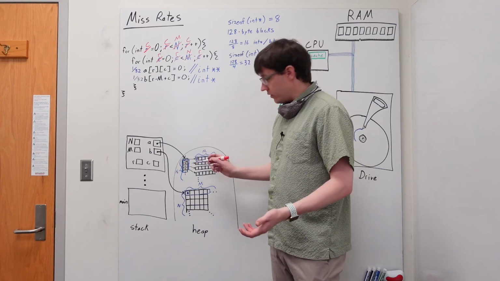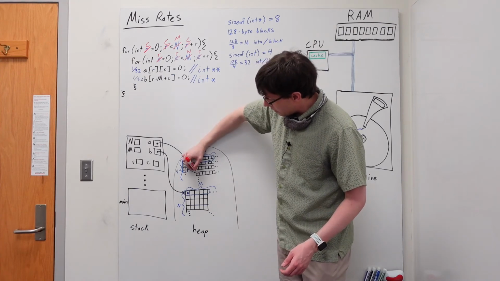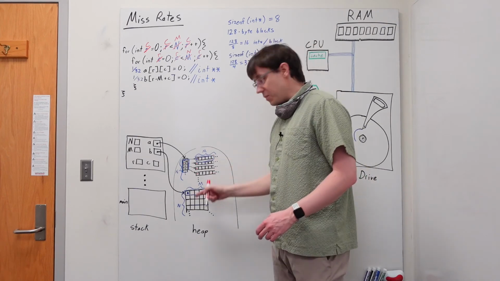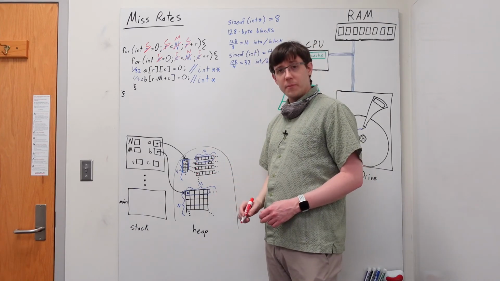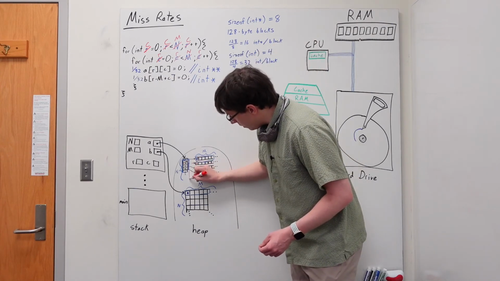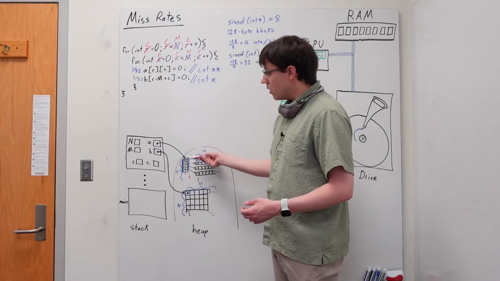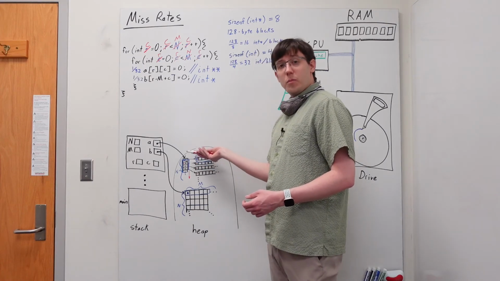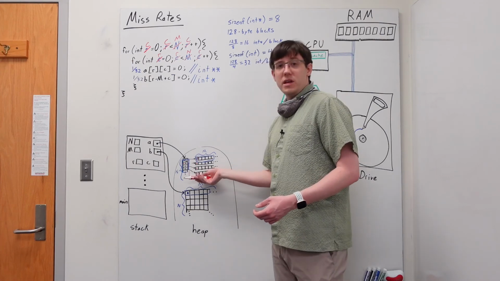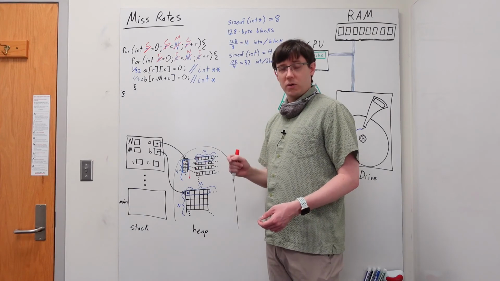And as we proceed, every time we access a new row, we are going to have a miss in the inner array. And as we proceed down through our rows, we will eventually go out of the pointer block that we brought in. And so on the 17th access, we will also have a miss in the outer array.